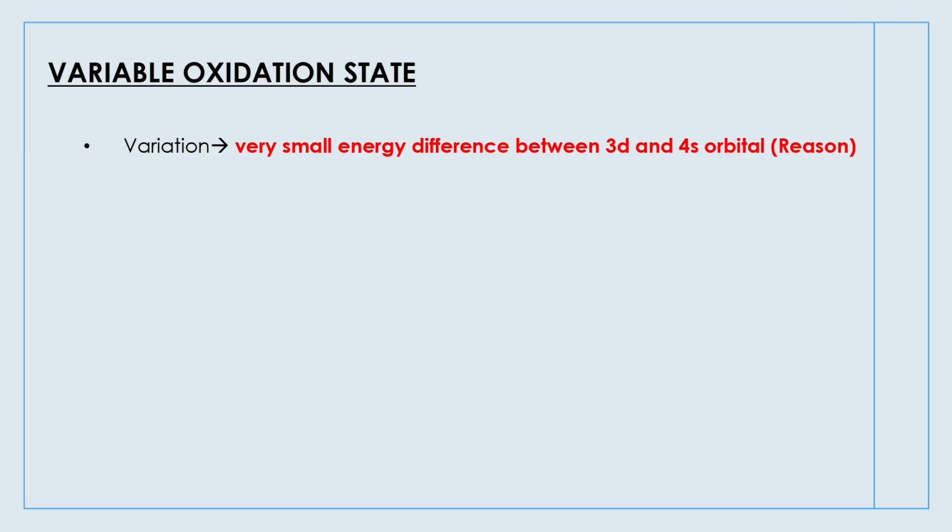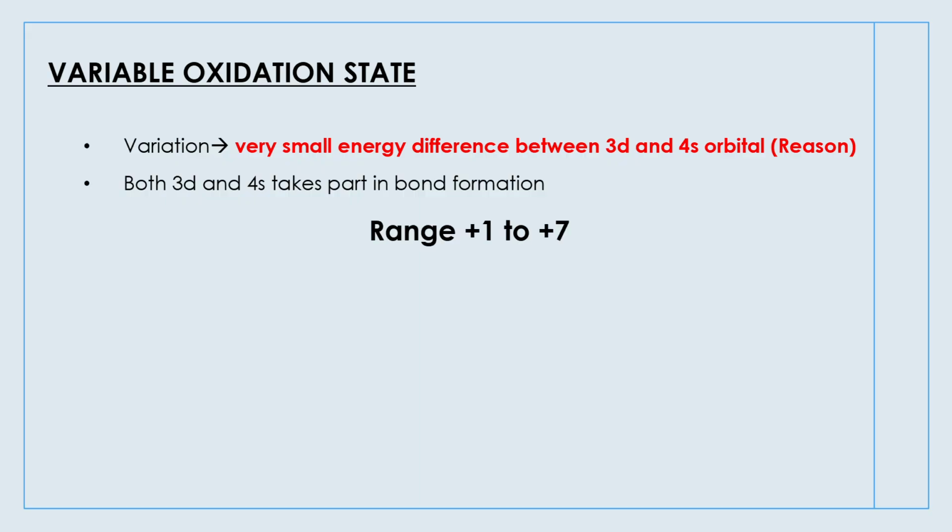Keep in mind that 3d and 4s orbitals, both these orbitals are involved in the bond formation of the transition elements. Talking about the range of the variable oxidation state, the least one is +1, that was for the copper, and the highest is +7, that is for the manganese.